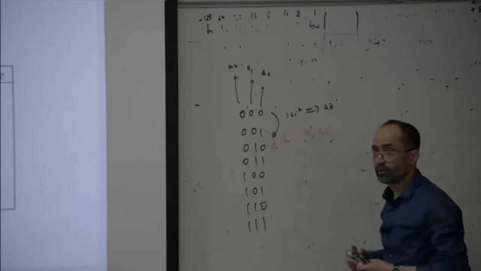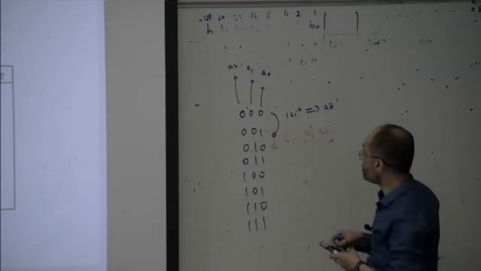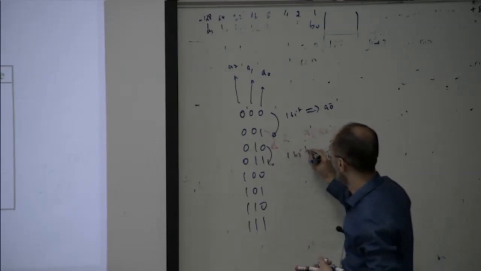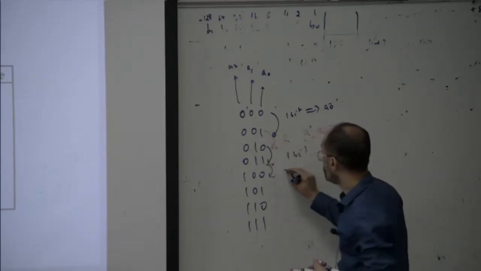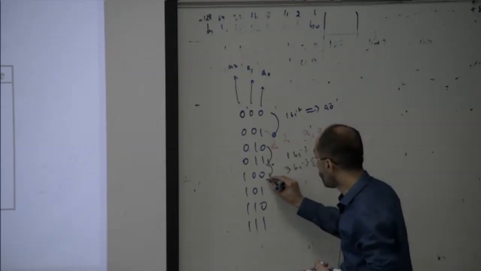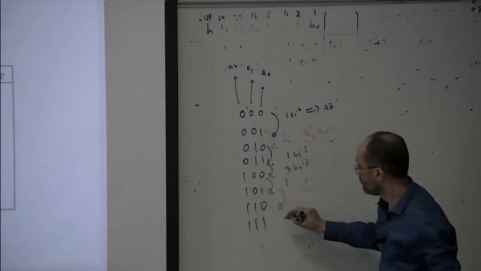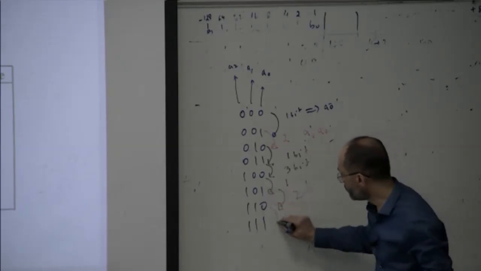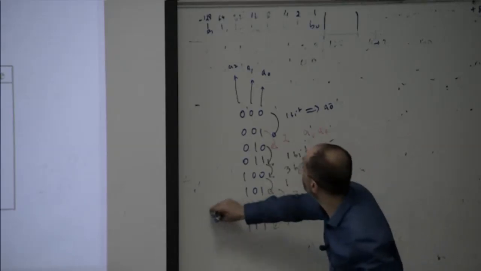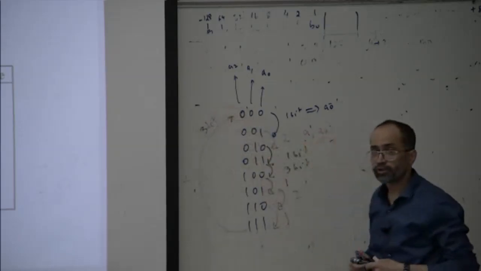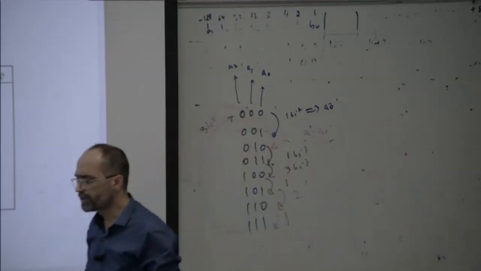A1 and A0. Then going from this code to this code, 1 bit. And from this to this, 3 bit change. Then from 4 to 5, 1 bit. From 5 to 6, 2 bits. From 6 to 7, 1 bit. And from 7 back to 0, 3 bits.